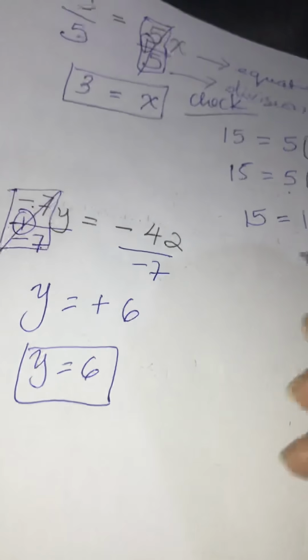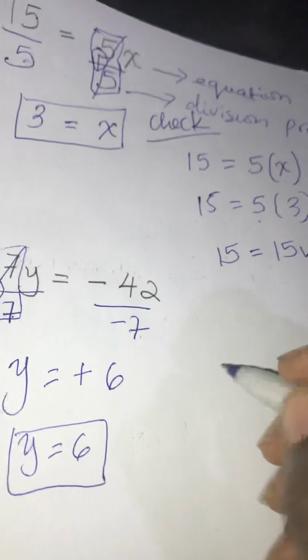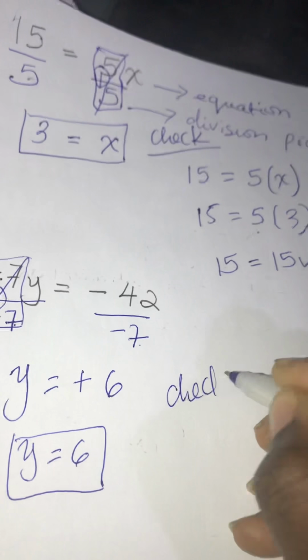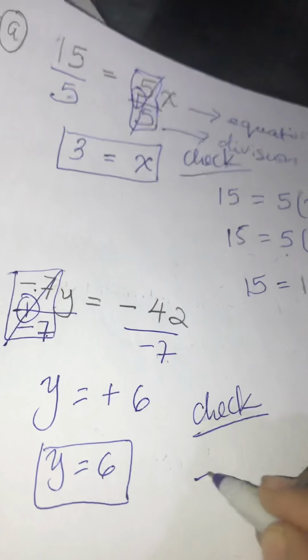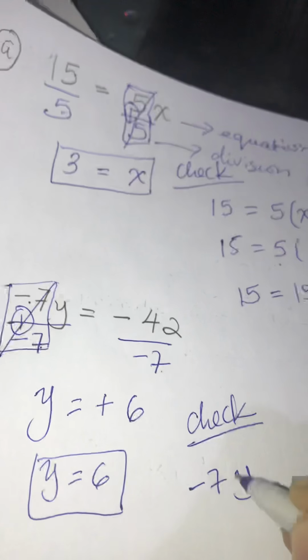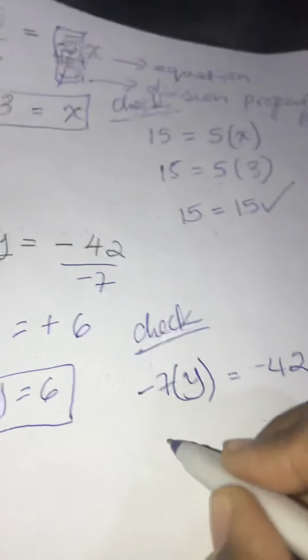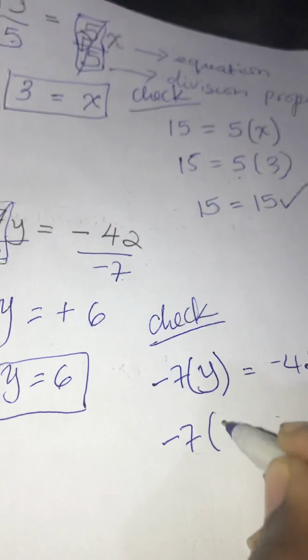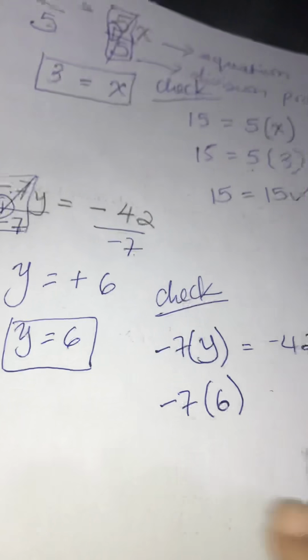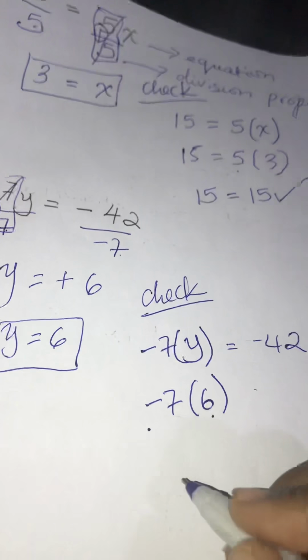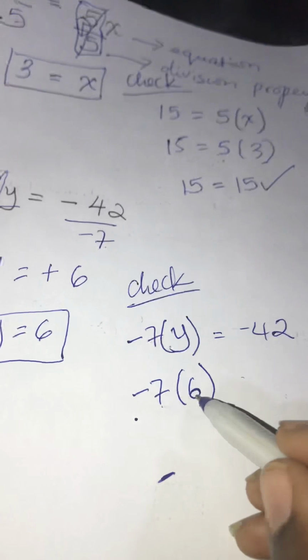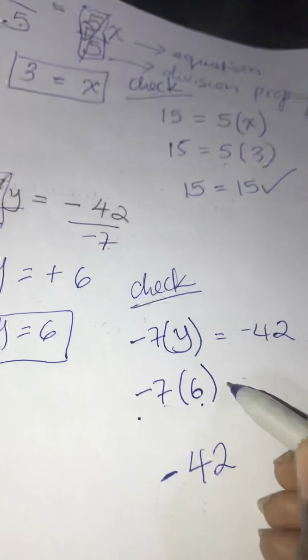And then I check my work. Negative 7, y in brackets, equals negative 42. Negative 7 multiplied by positive 6. A negative multiplied by a positive. A negative 7 multiplied by 6 is 42.